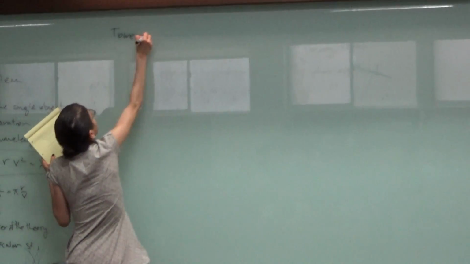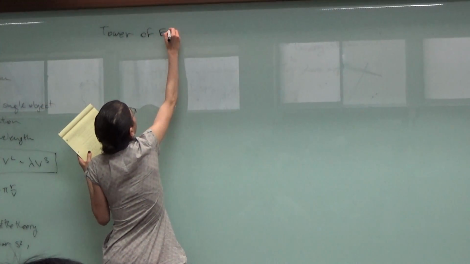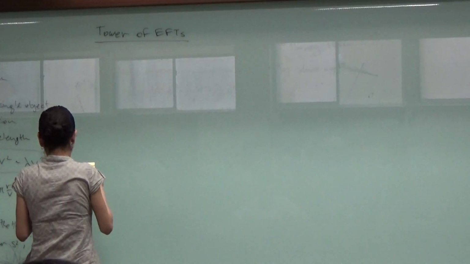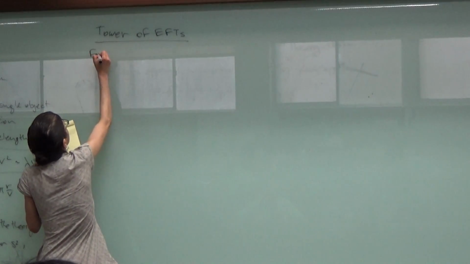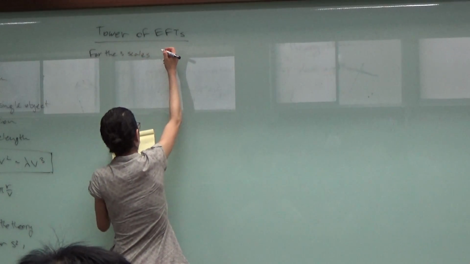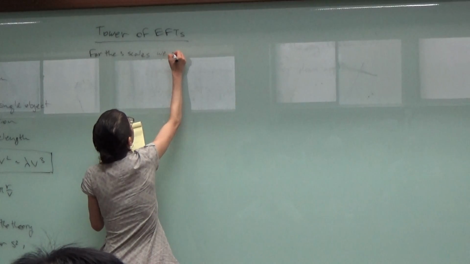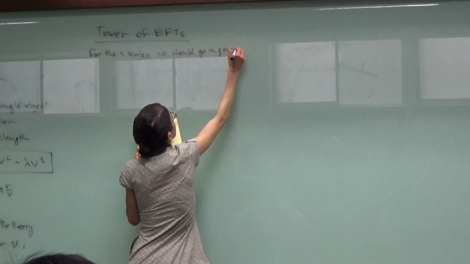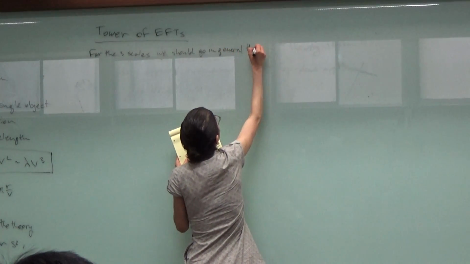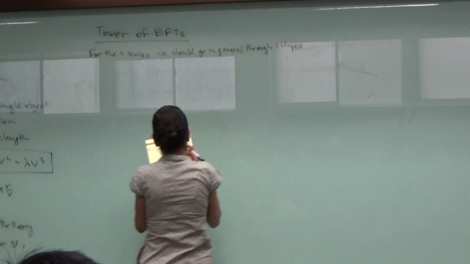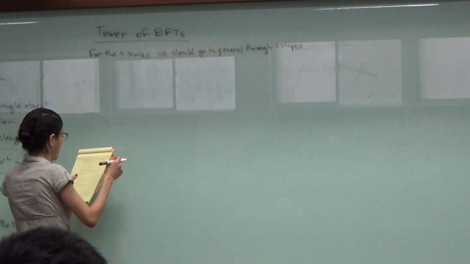Okay, so now we're talking about the tower of EFTs. The tower of EFTs corresponds to the tower of scales. So, for the three scales, we should go in general through three stages, to integrate each of the scales.